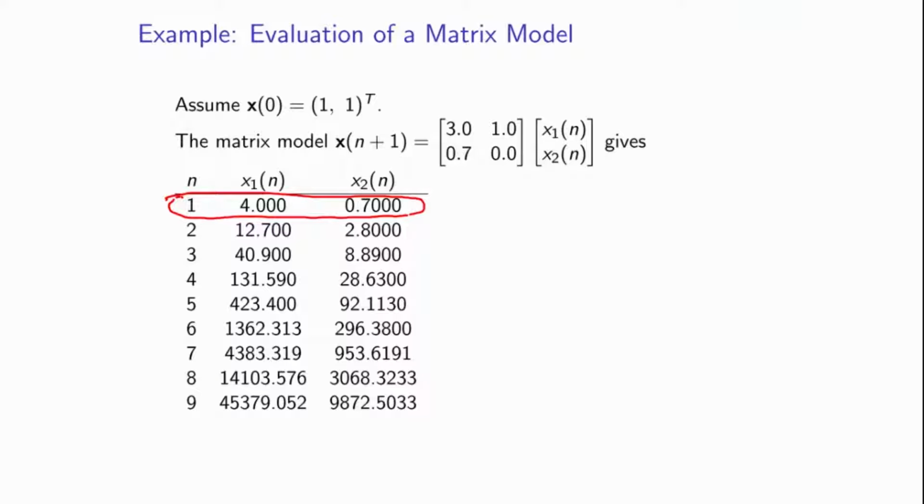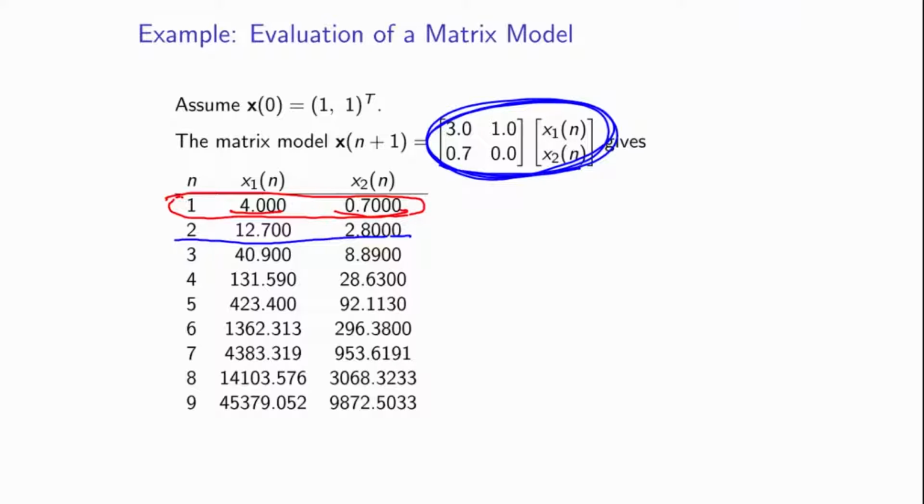So at n equals 1, the state of the system is there are 4 in group 1 and there are 0.7 in group 2. And the next row is telling us the state of the system at time step 2. And how are those numbers computed? Well, you basically keep repeating. Iteration is another word for repetition or loop, right?